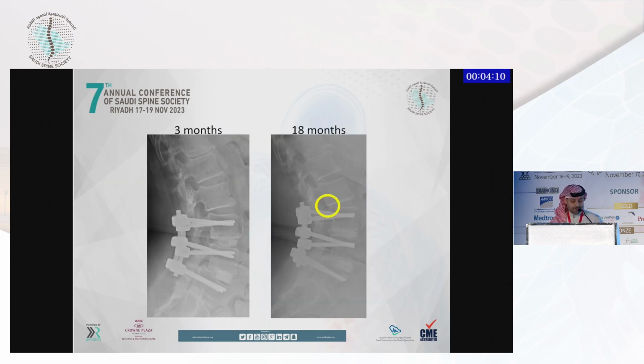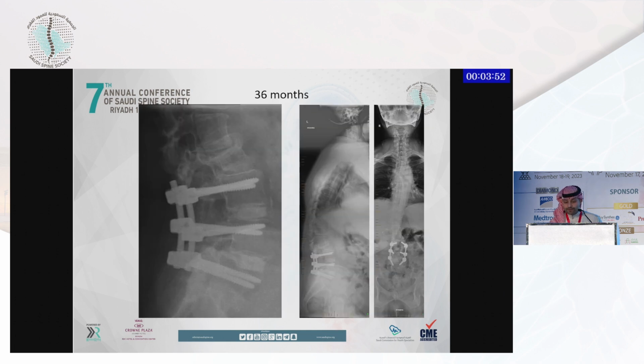Moving to a different patient population, adult spinal deformity. This is a lady who underwent, this is not my case, a 2-level TLIF. At 18 months, you can see some retrolisthesis at that level, progression of her symptoms, and she developed PJK down the road, which altered her sagittal balance.